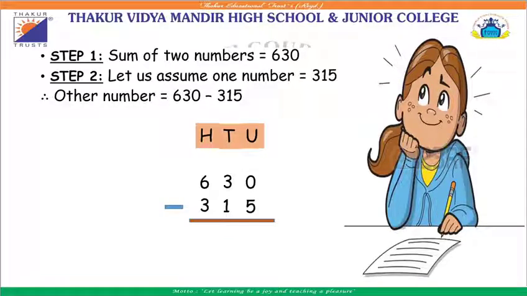So I have to borrow 1 from tens. So it will be 10 minus 5, that is 5. In the tens place, now I am having 2 minus 1. So I will get the answer 1. 3 subtracting from 6, I will get 3. So the other number that I got is 315.